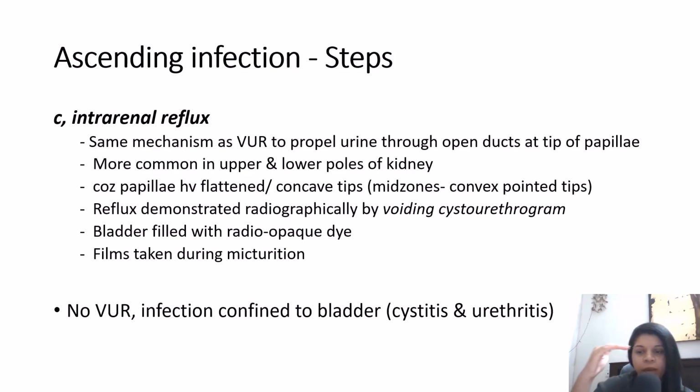Because the papillary tip is flattened or concave at the upper pole and the lower pole, but in the mid zones it is convex and a little resistant. So the urine flows backwards more easily through the flattened and concave tips. So the kidney will be affected in the upper pole and the lower pole by the infection also. First, the urine will come and the kidney will be dilated with the urine.